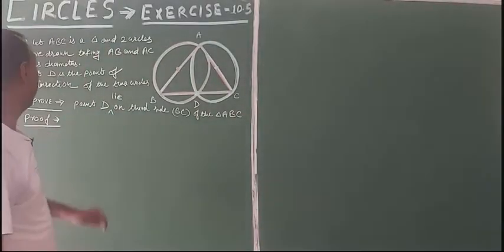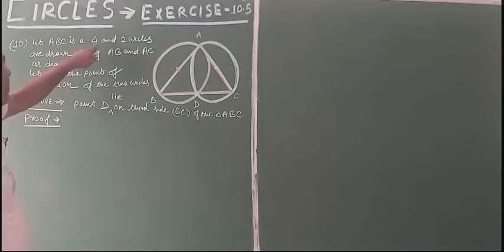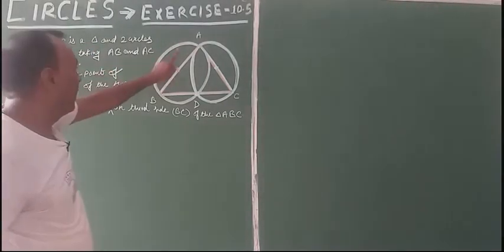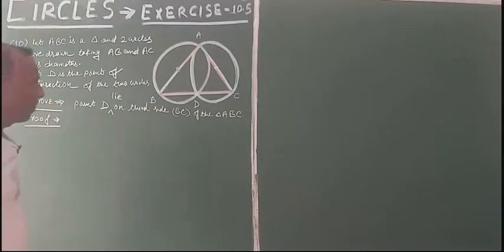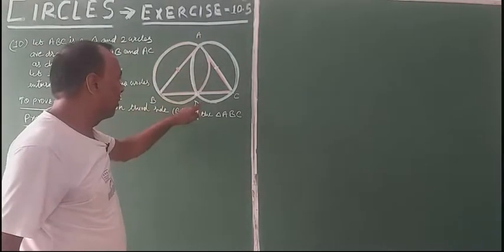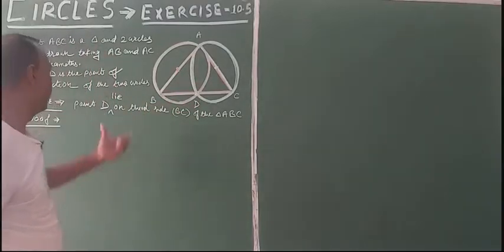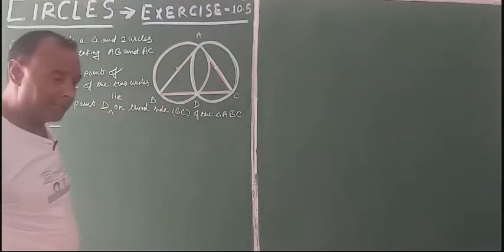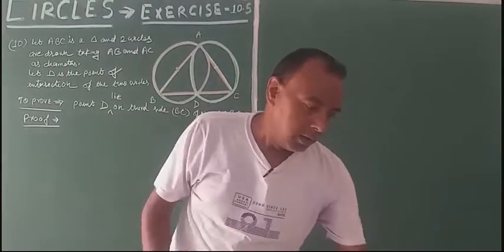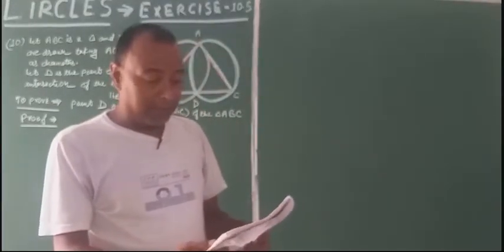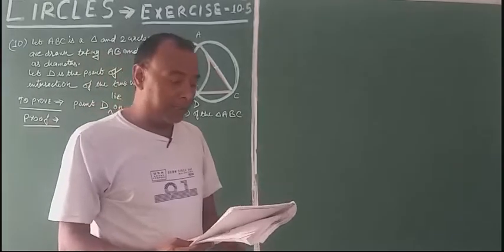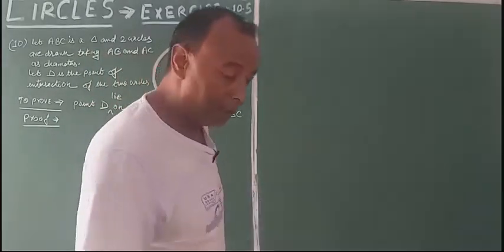What are you given? Let ABC be a triangle and two circles are drawn taking AB and AC as their diameters. Let D be the point of intersection of these two circles. To prove that the point of intersection of these circles lies on the third side.